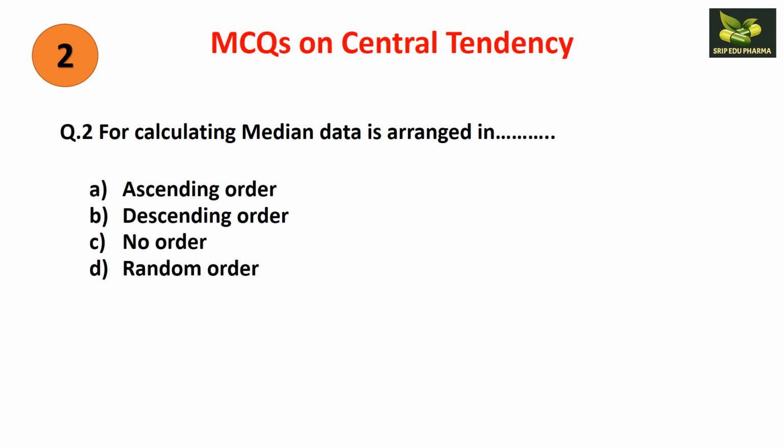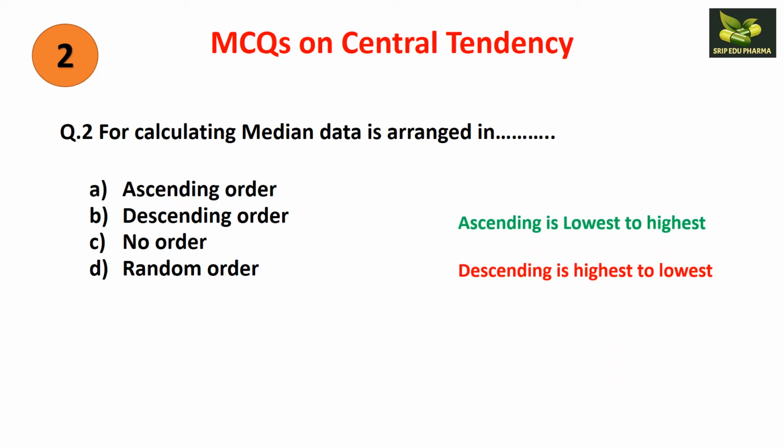Question number 2. For calculating median, the data is arranged in A. Ascending order, B. Descending order, C. No order, or D. Random order. So think about this answer. First of all, you should know what ascending is. Ascending means lowest to highest, and descending means highest to lowest.